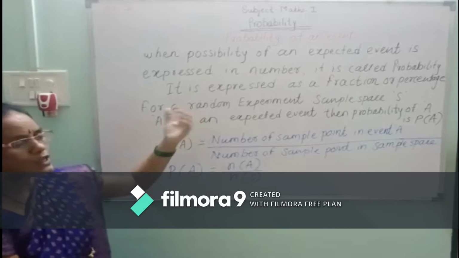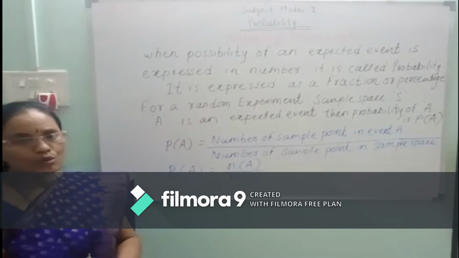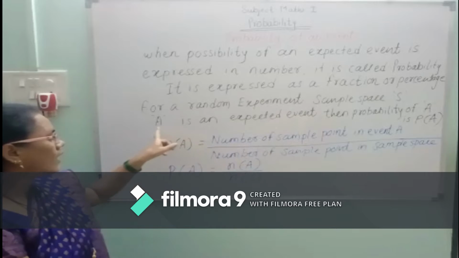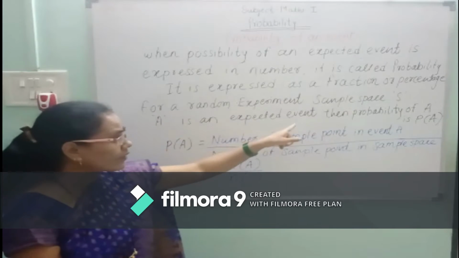Now for a random experiment, you know the sample space is denoted by S, and A is the expected event.